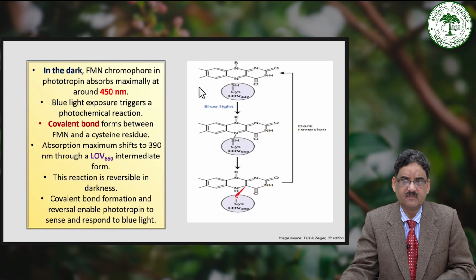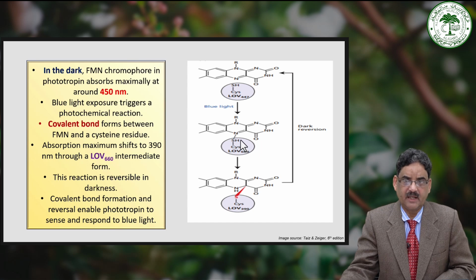From this figure, it is clear that in the dark state, the FMN chromophore in phototropin has a maximum absorption around 450 nanometers. Upon exposure to blue light, a photochemical reaction is initiated, resulting in the formation of a covalent bond between FMN and a cysteine residue.